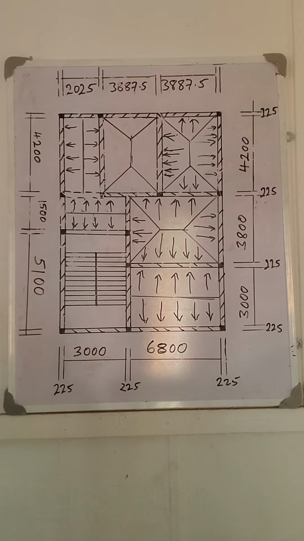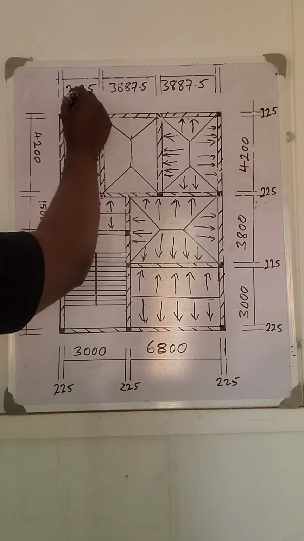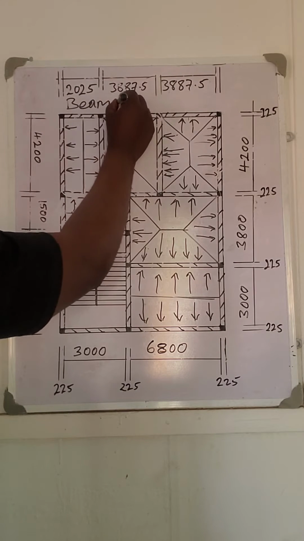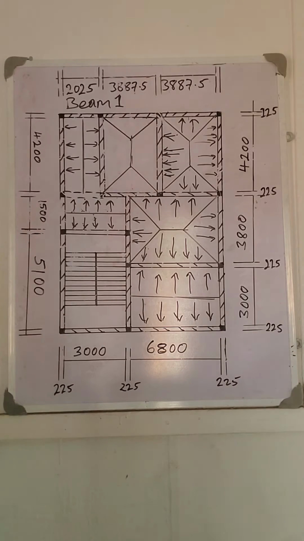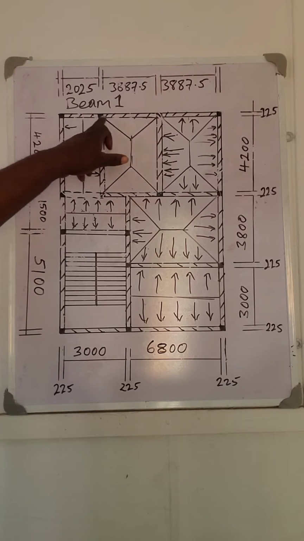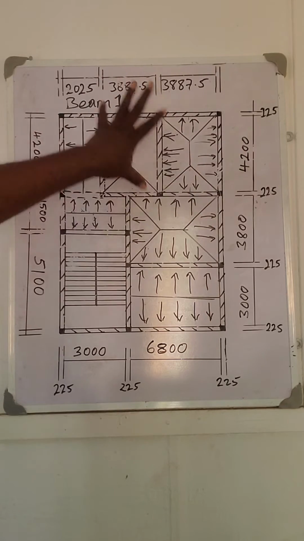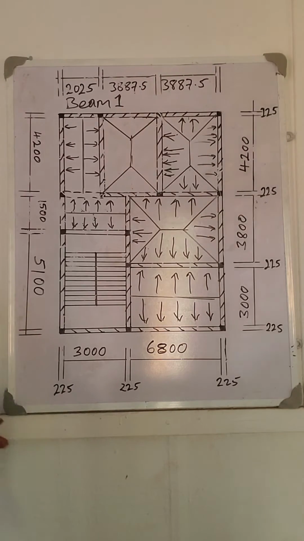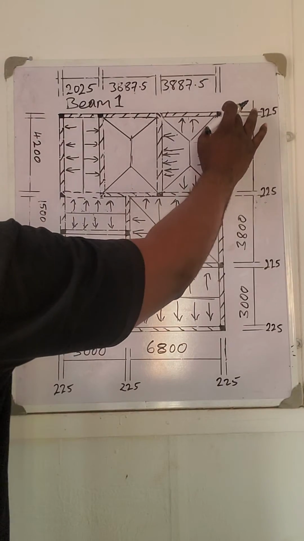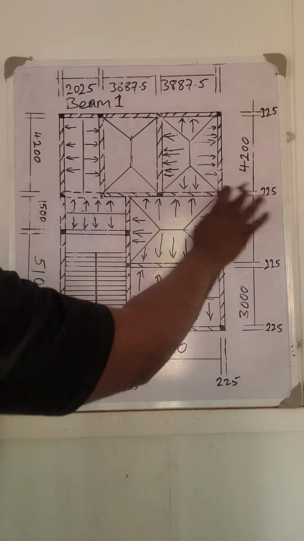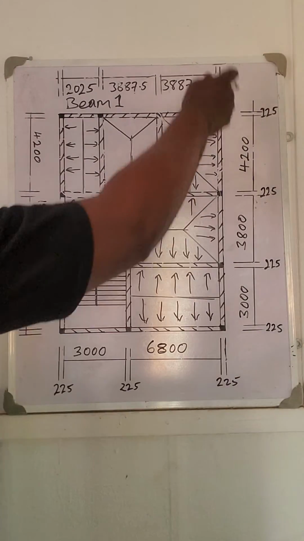We have different beams, so like I said, we can now name the beams. We can call this one beam 1. Beam 1 is a continuous beam. With the way we arranged this floor, we can start naming the horizontal beams first, before we come to the vertical beams.